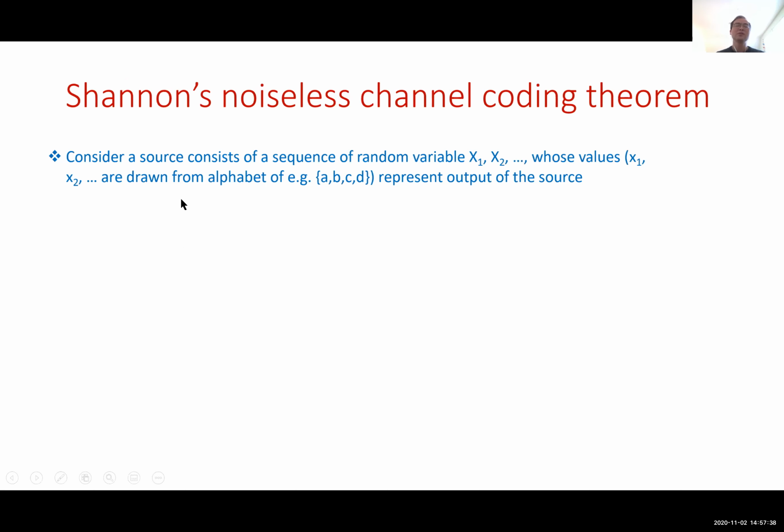So we're going to consider this idealized scenario, and I will mention the noisy case, but we're going to focus on this noiseless channel first. They call this the noiseless channel coding theorem. So it's assuming that we're going to transmit information and the channel has no noise.